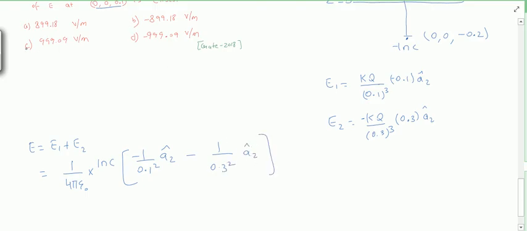So from the given options, the minus options, that is B and D, are going to be correct.